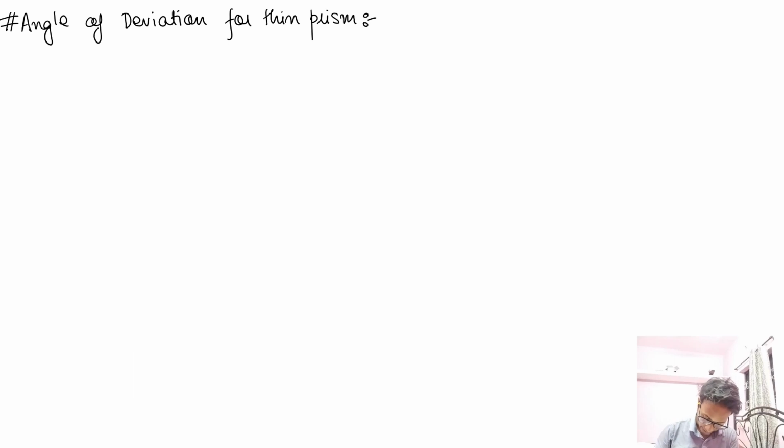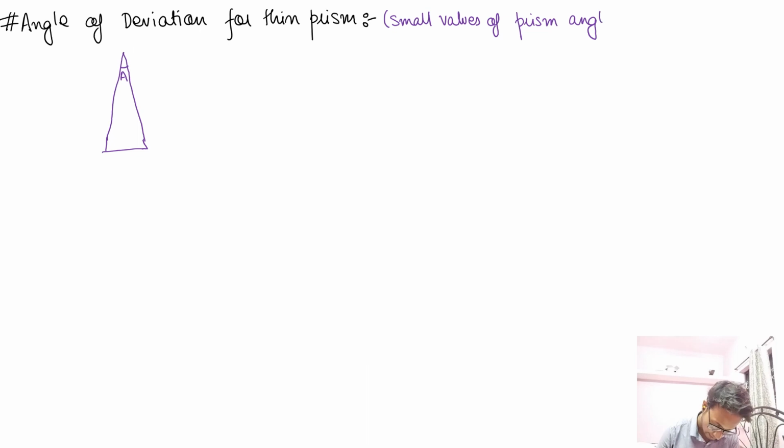What I mean by this is, suppose there is a thin prism here. For a thin prism there will be small values of A. That means a thin prism has a small prism angle A. So for small values of prism angle A, the values of R1 and R2 would also be small.